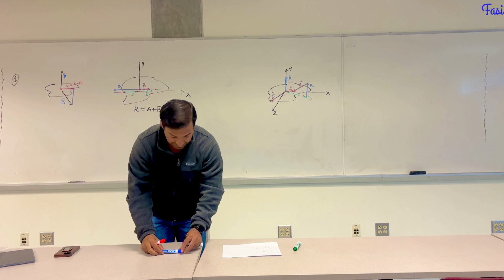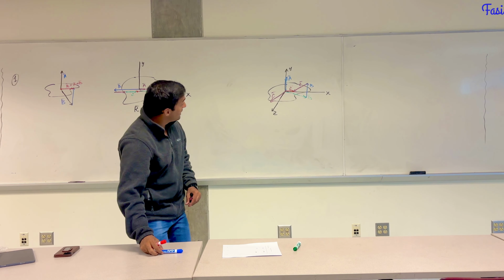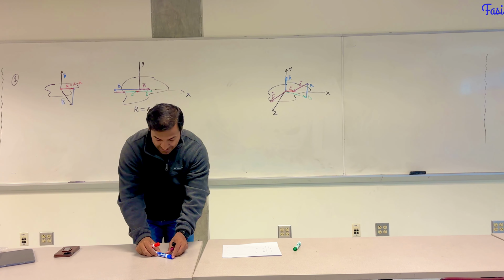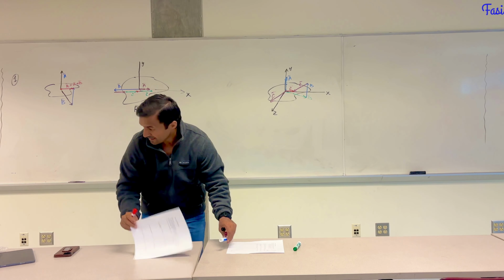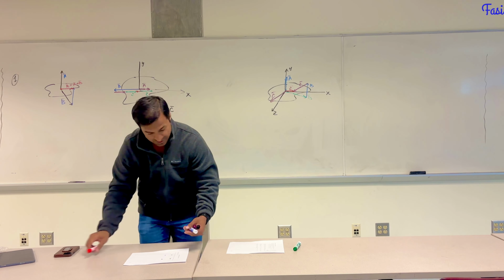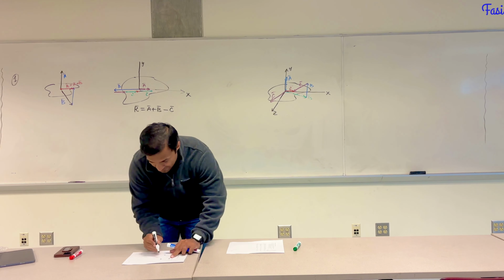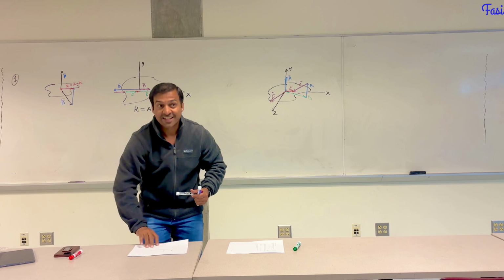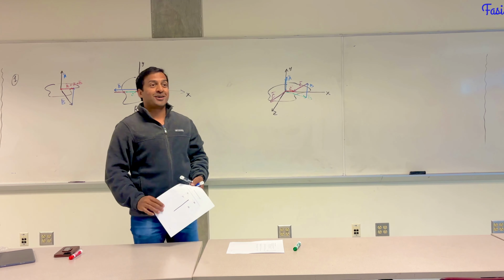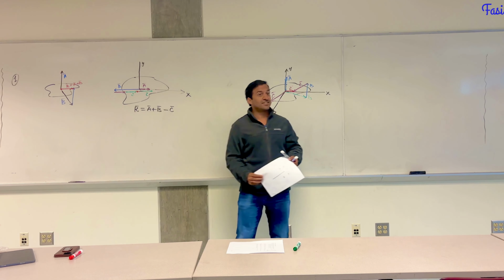So this is B. Let me use the sheet of paper. Let's use this one. This is my x-axis. How can I do it where anyone can see it?